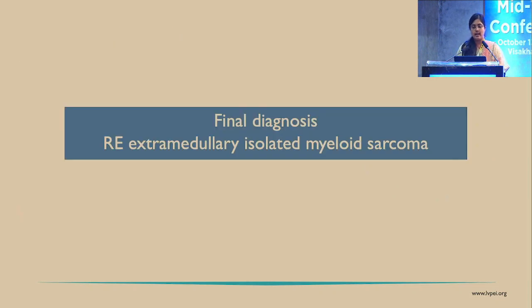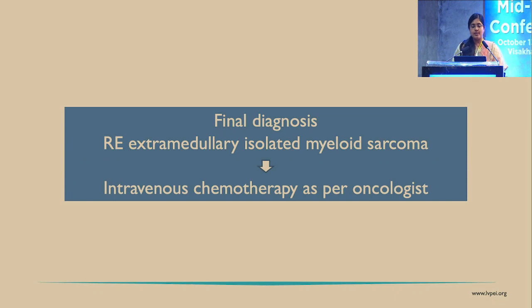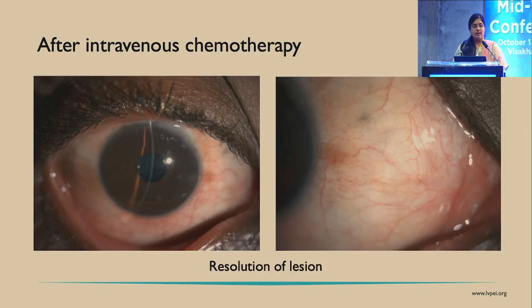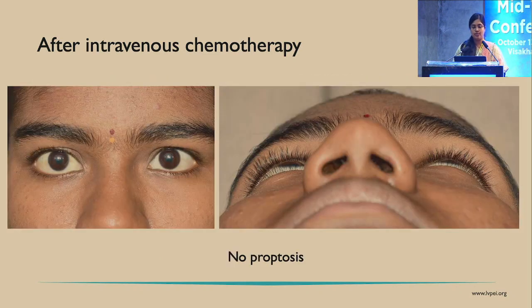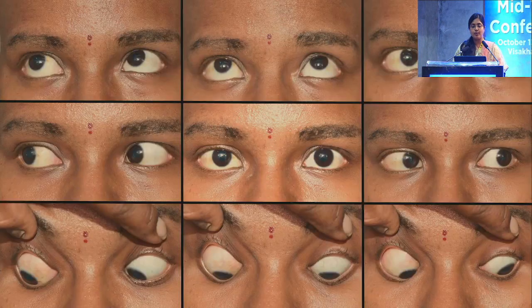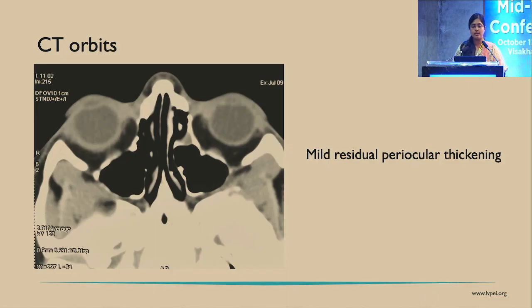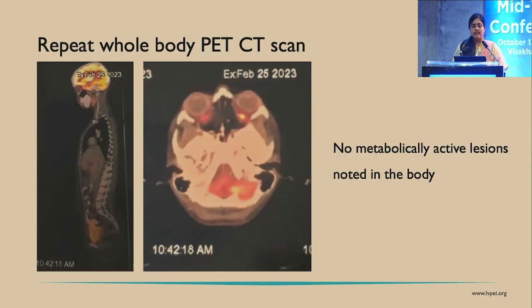So our final diagnosis is extramedullary isolated myeloid sarcoma, for which intravenous chemotherapy was advised by the oncologist. After completion of chemotherapy, there was resolution of the lesion with no proptosis and improvement of extraocular movements. The CT imaging after chemotherapy showed only residual periocular thickening, and the PET CT does not show any metabolically active lesions.